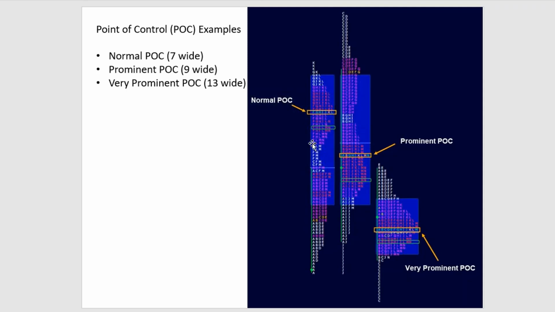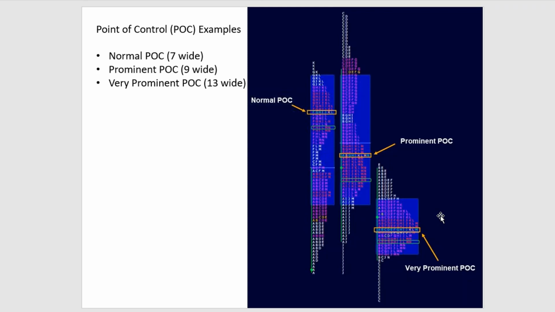So we have normal point of control, prominent point of control, and on the third day, we call it a very prominent point of control, meaning in this case, it's 13 wide. Over time, it's not the exact numbers. You just get an intuitive feel for if it's normal, prominent, or very prominent.